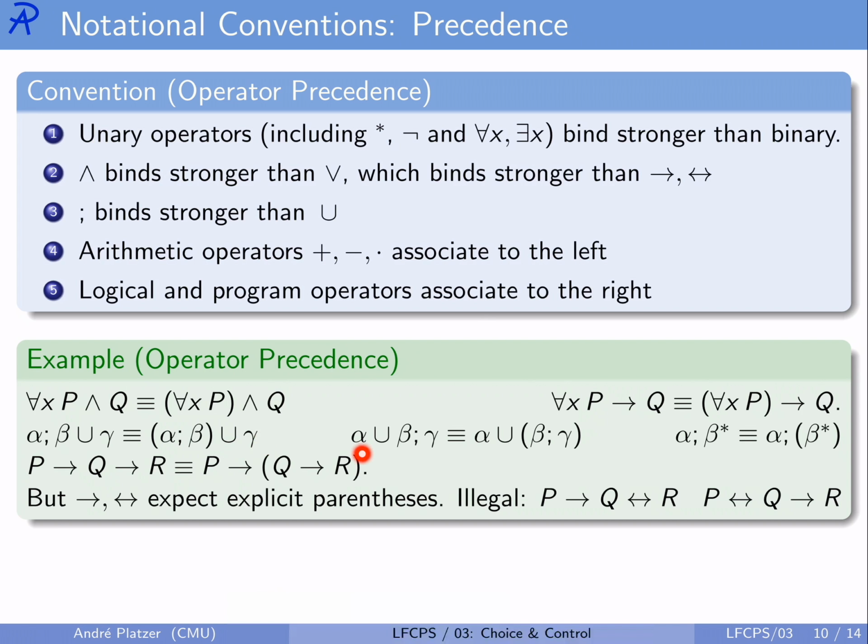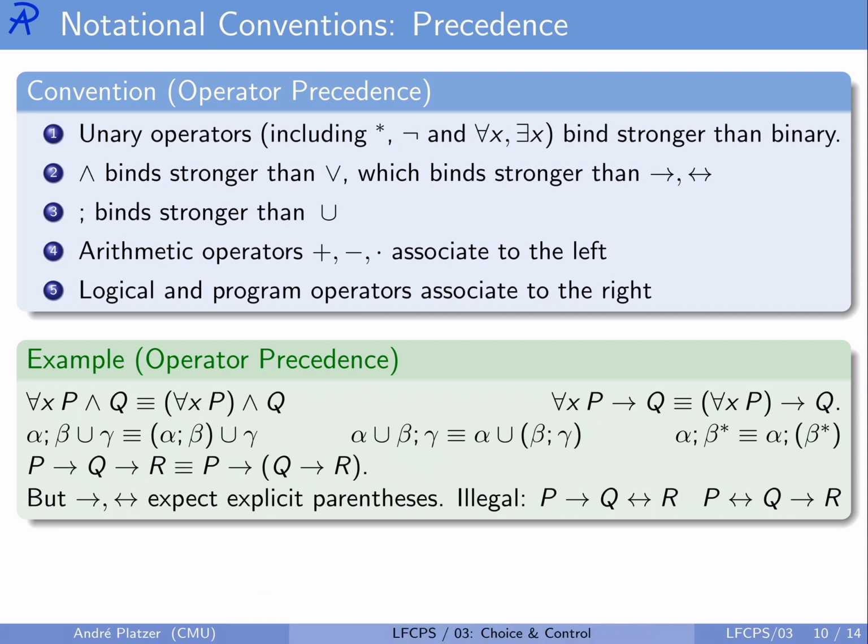And likewise the other way around, alpha choice beta semicolon gamma actually means alpha non-deterministic choice with beta followed by gamma. And also alpha semicolon beta star actually means alpha semicolon and then beta repeated. Also, P implies Q implies R because of the association to the right actually means P implies Q implies R.